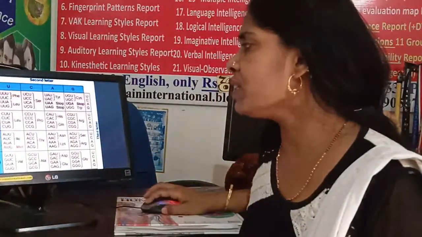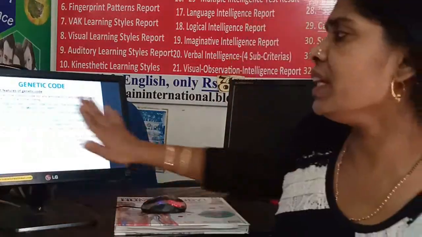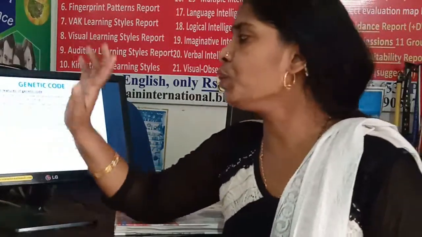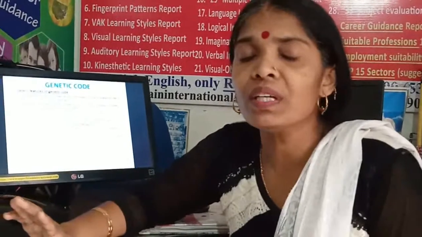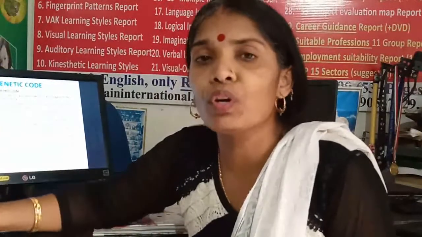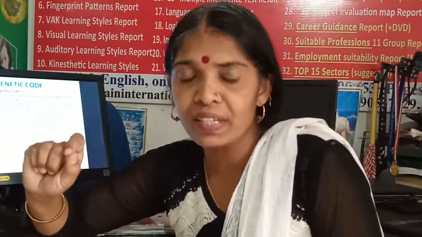Here are some of the salient features of the genetic code. The genetic code is universal. Universal means all organisms show the same codons and they code for the same amino acid. As you know, earlier, if this triplet UUU is there, it codes for phenylalanine. This is in human beings, right?